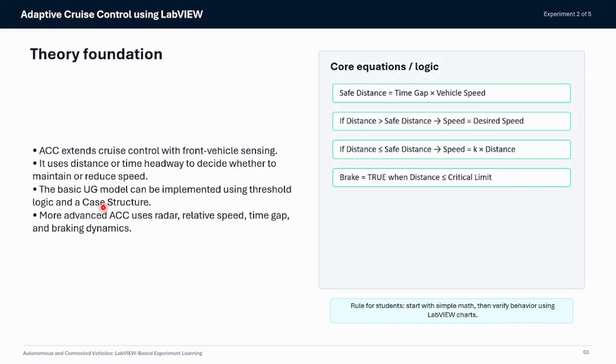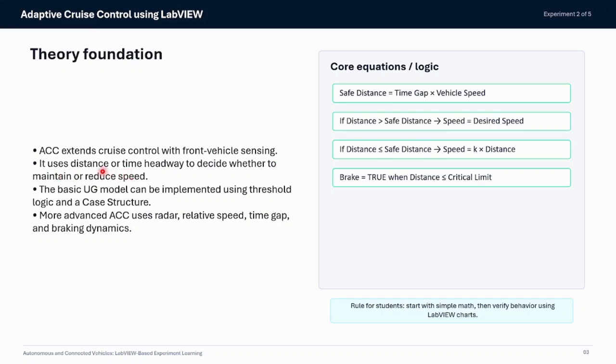Normally we extend cruise control with front wheel sensing, used to measure the distance between your wheel and the front wheel. We find the distance and control accordingly. It uses the distance or time headway to decide whether to maintain or reduce the speed.